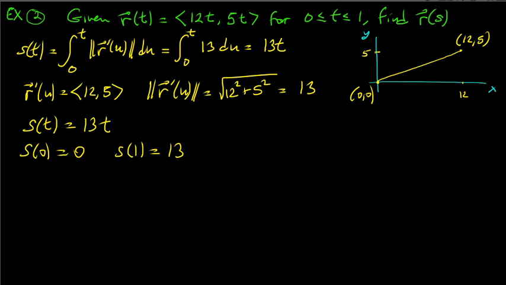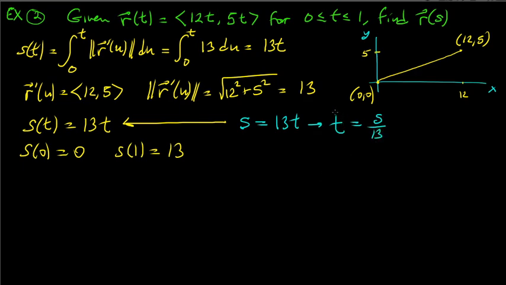So now I'm going to take this expression here, s equal to 13t. We know it's a function of t, and I'm just going to find the inverse. In other words, I'm going to solve for t here. So t then is obviously just s divided by 13.